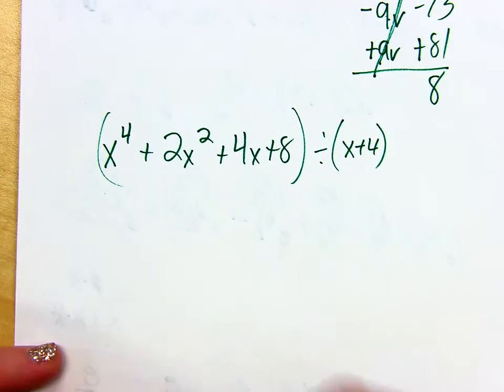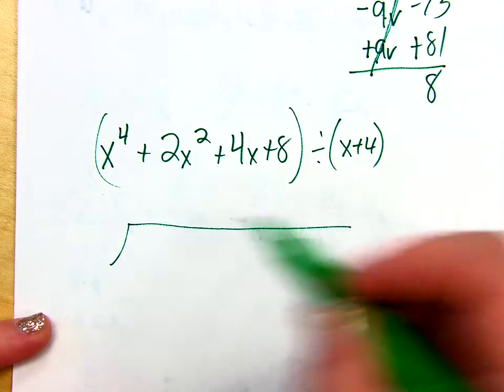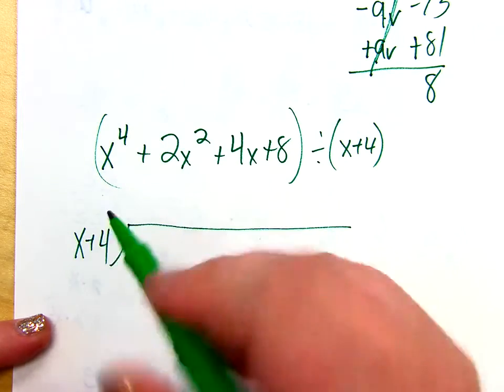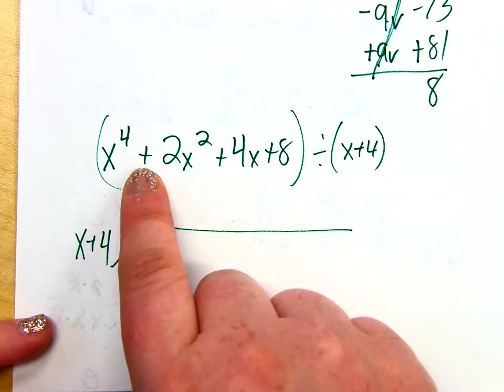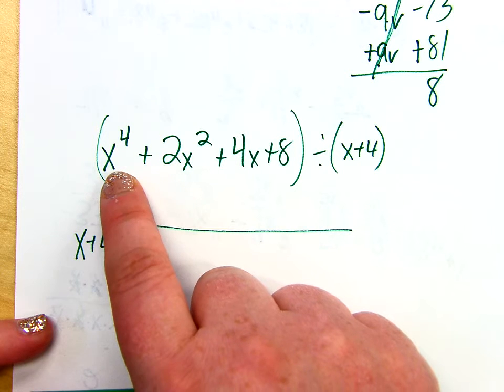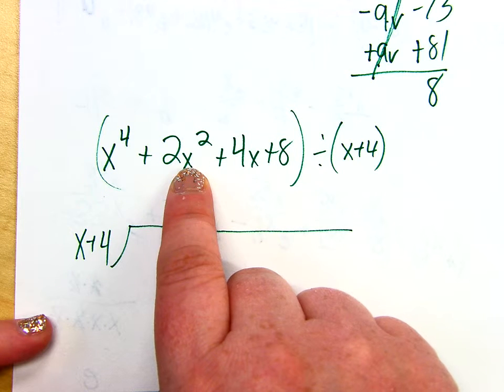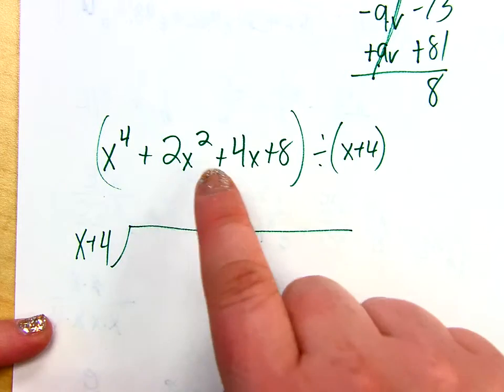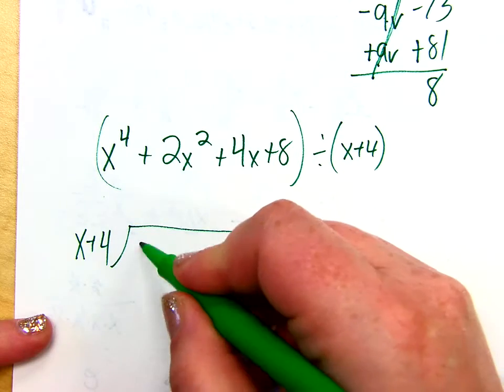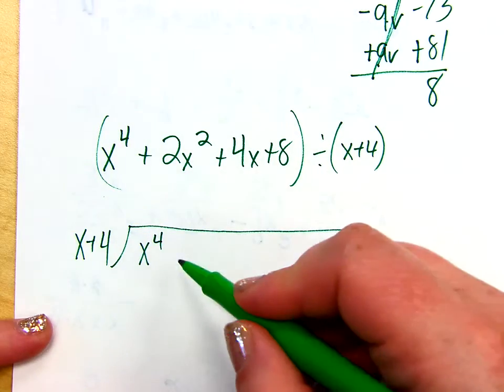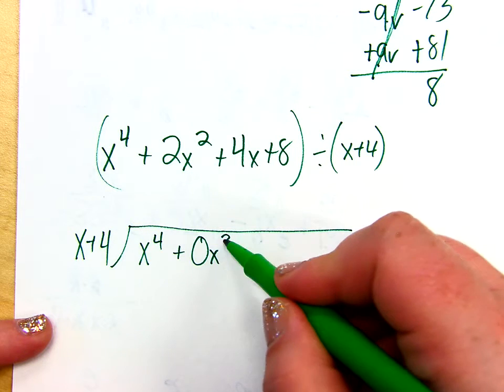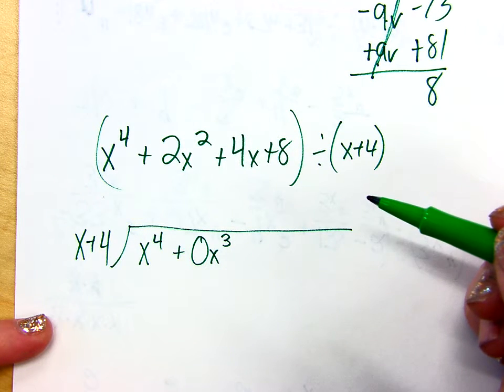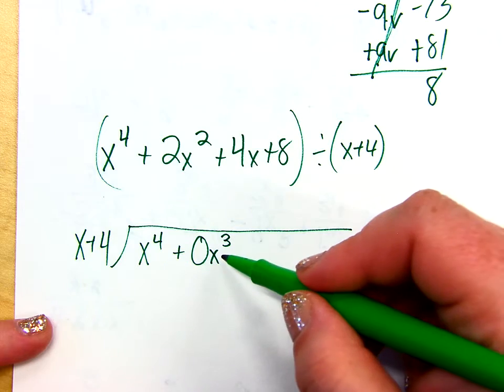But before I do anything, here's what I have to do. x plus 4 can go out in front, but see how I'm missing an x to the third term? It goes x to the fourth and then x squared. I have to have every single degree represented. So I'm going to write x to the fourth, and then plus 0x to the third. It's not really there, because 0 times anything is just 0.